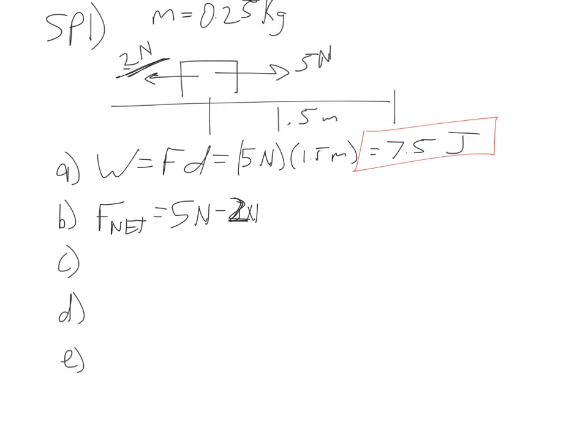My handwriting isn't very good, but 5 minus 2 is 3 newtons of net force. And to find the work done by that net force, we need that net force, which is 3 newtons, multiplied by the displacement of 1.5 meters, and that will give us a work of 4.5 joules.